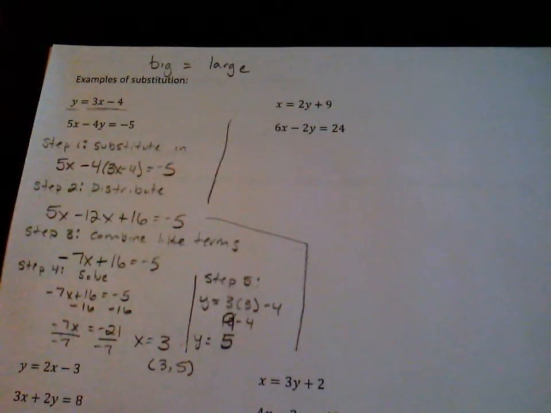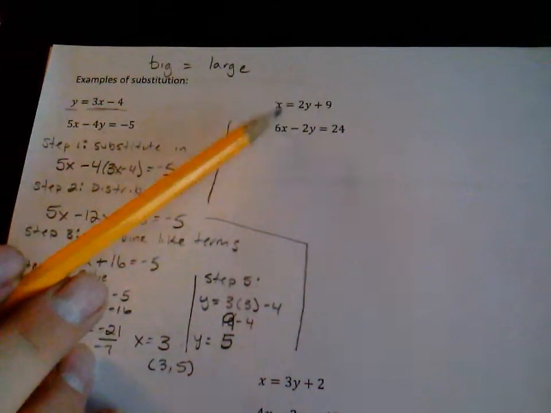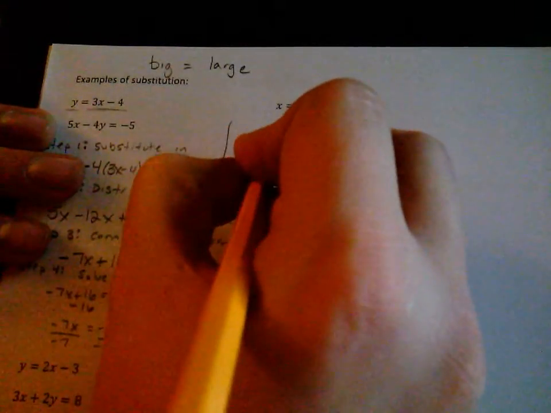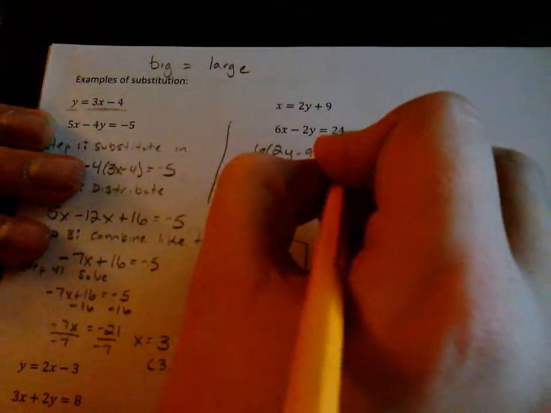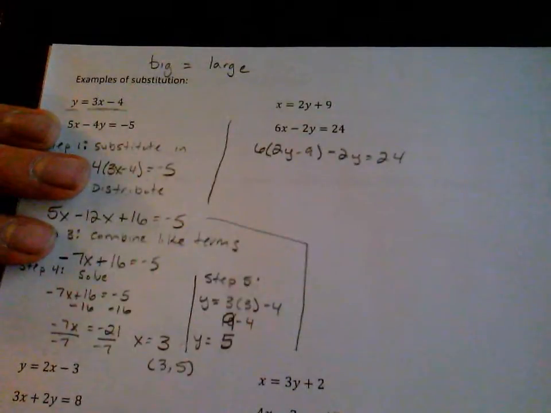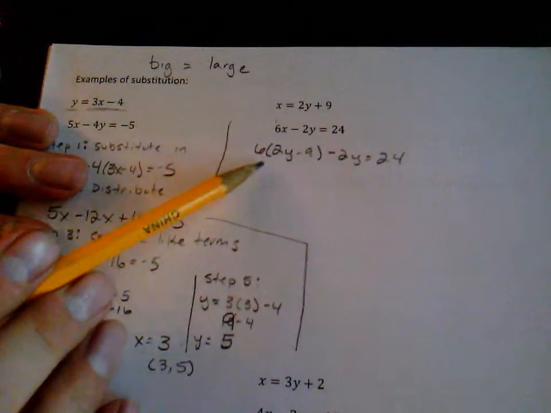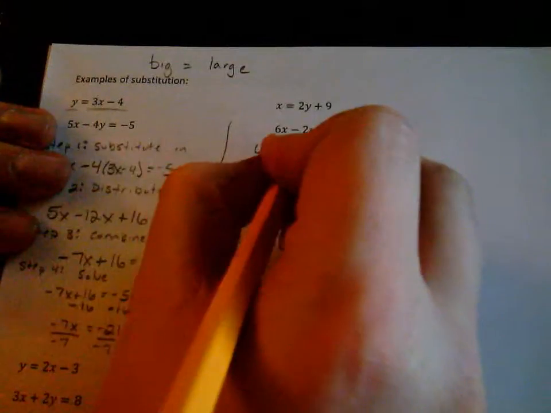Same idea over here. Step 1, we're going to substitute in for x this time 2y plus 9. So there's the x equals, so it's going to become 6 times (2y plus 9) minus 2y equals 24. So all I did was take this x and replace it with 2y plus 9.